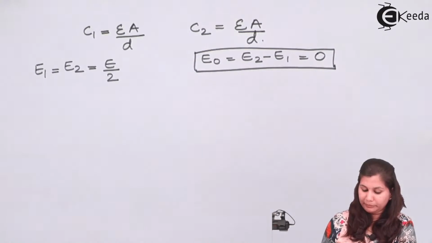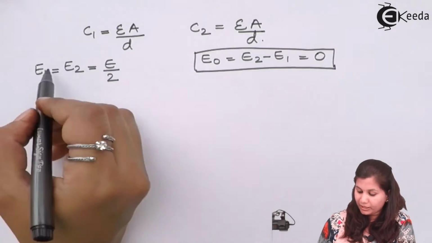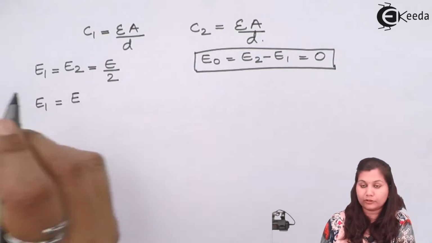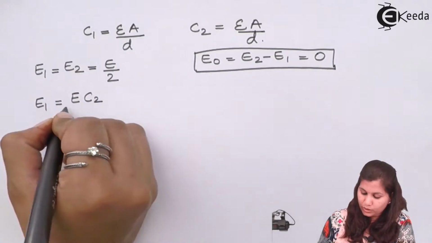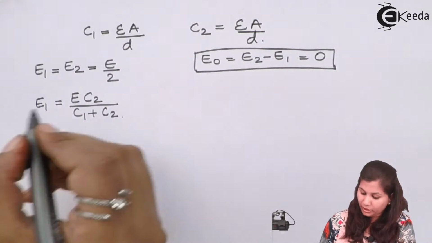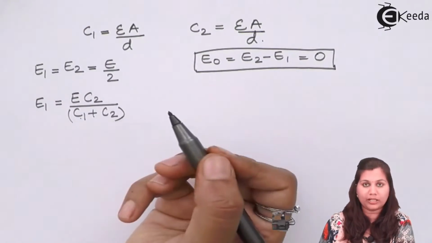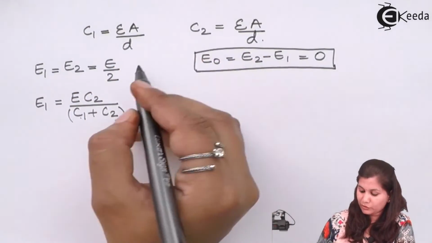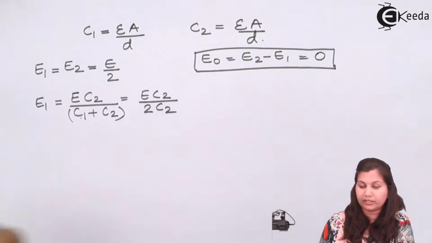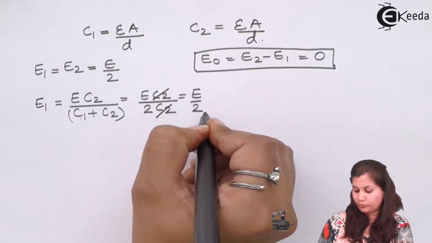Now when the movable plate is moved by some distance, E1 is given by E, the total voltage, times C2 upon C1 plus C2. How does it come out as E by 2? You can see from this equation that C1 and C2 are equal. So it will be E C2 upon 2 C2, C2 and C2 cancel, so it equals E by 2.